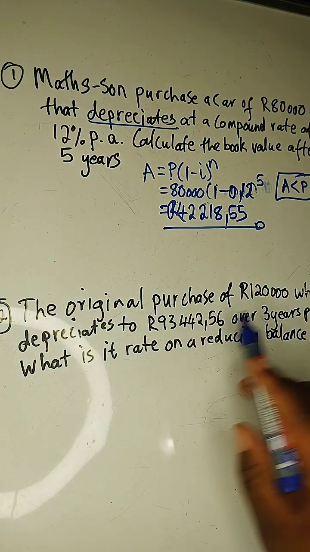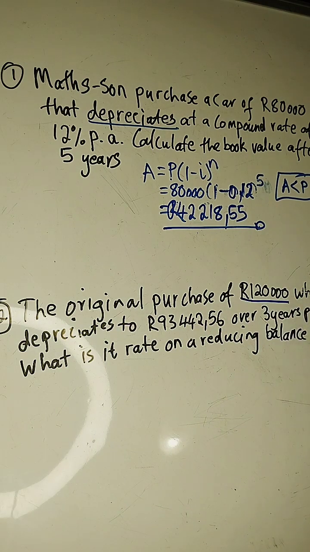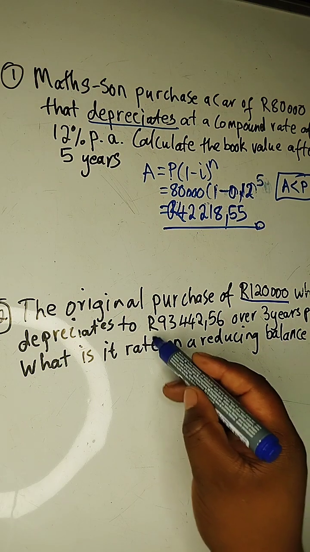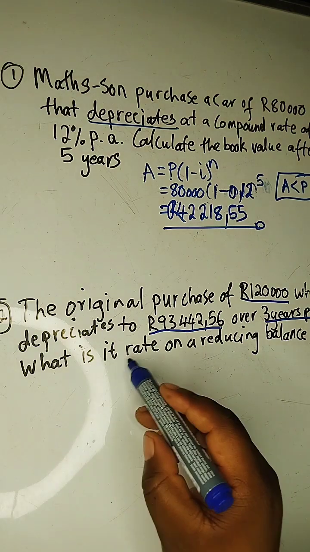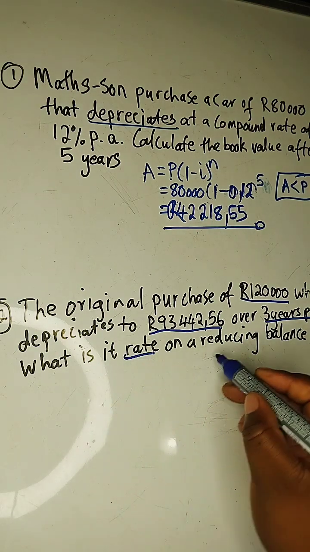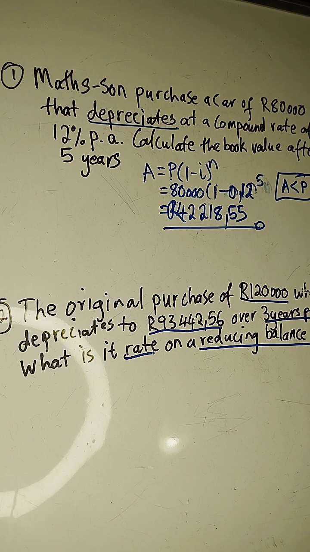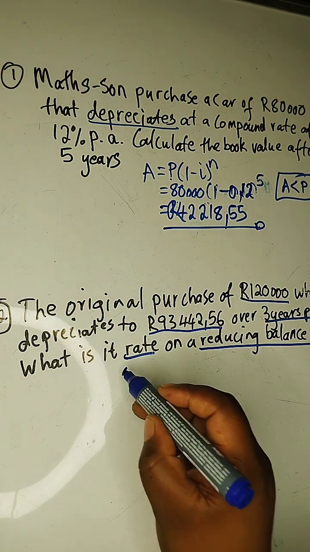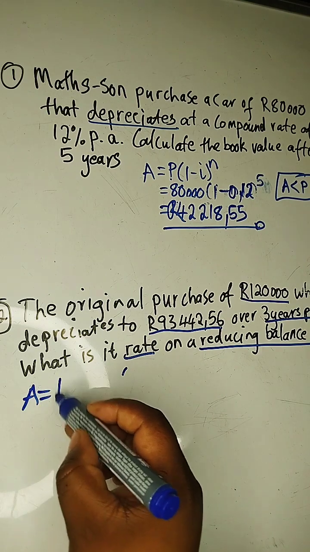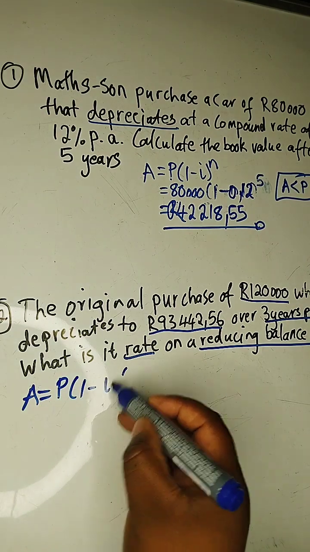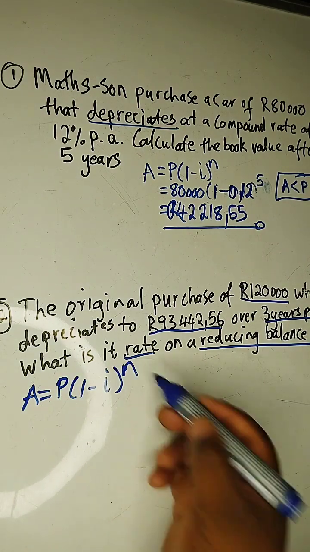An original purchase of 120,000 depreciates to 93,442.56 over a 3 year period. What is the rate? They are looking for the rate, on a reducing balance. So let's start here. A is equal to P into 1 minus I exponent n.